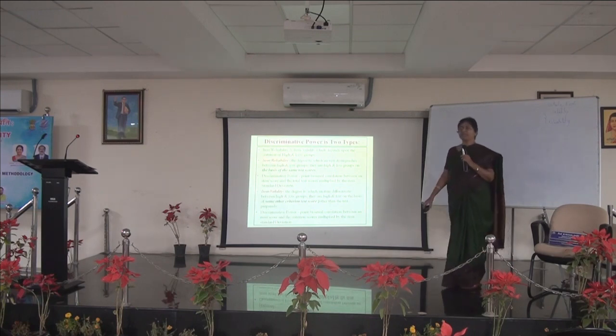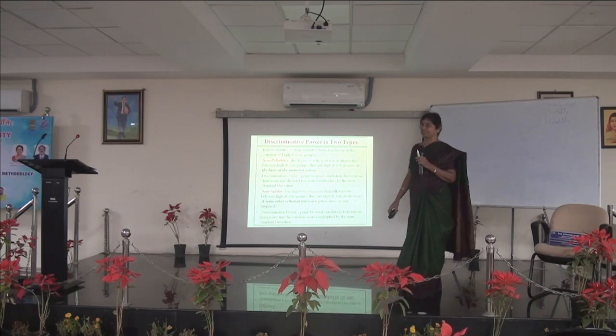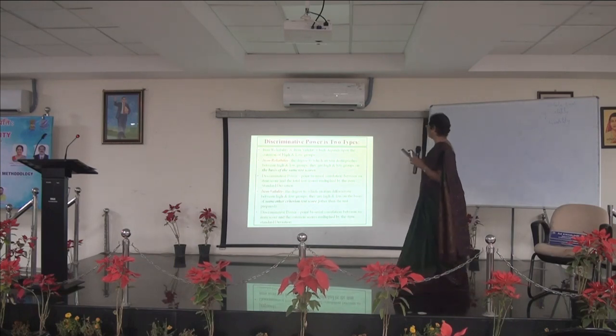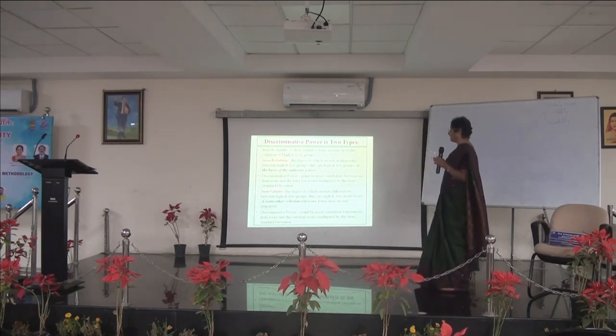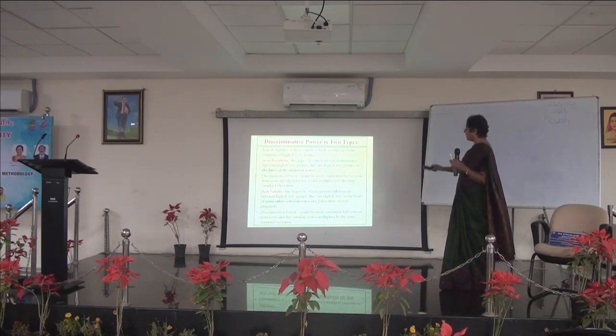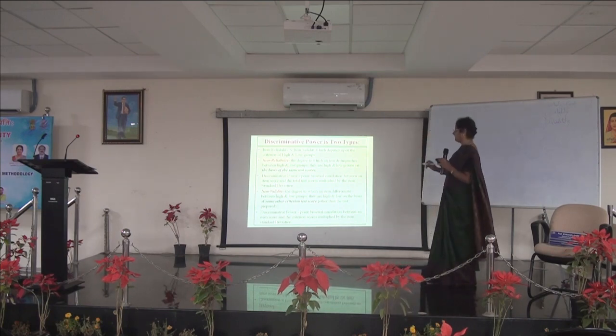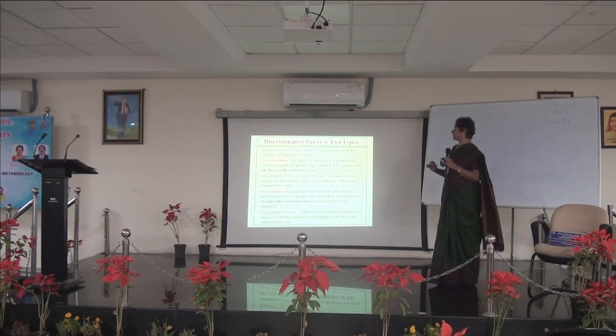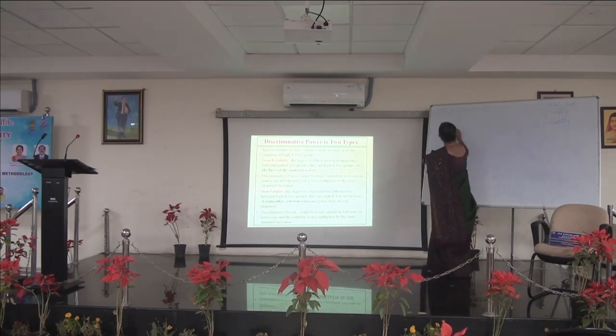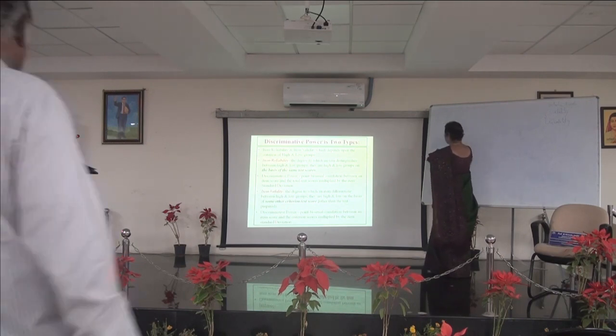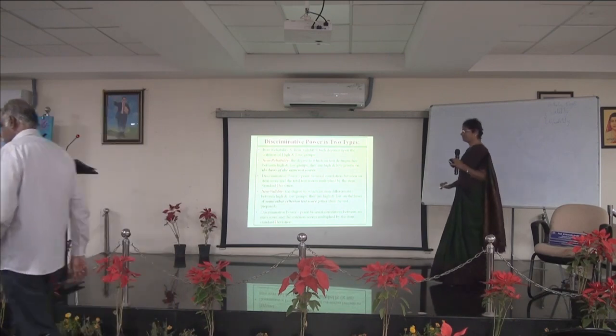Discriminative power is of two types. One is item reliability, another is item validity. What is item reliability? Suppose there are high group students and you are leaving the middle group.